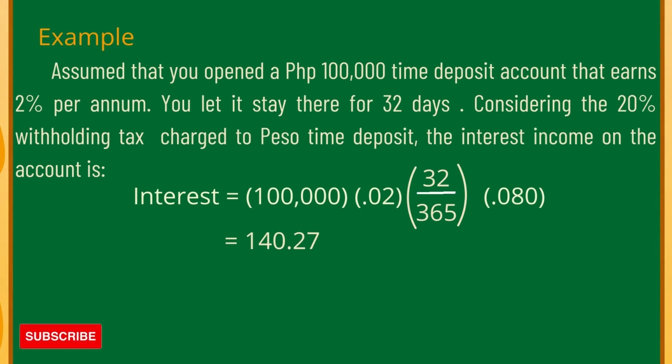So assume that you open a 100,000 time deposit account that earns 2% per annum. So let it stay for 32 days.